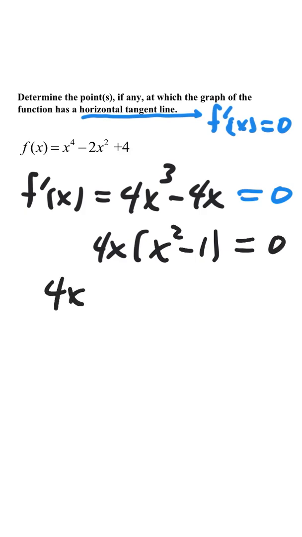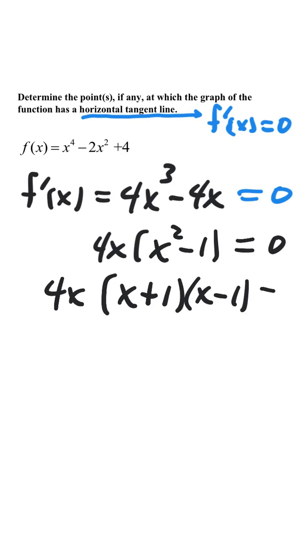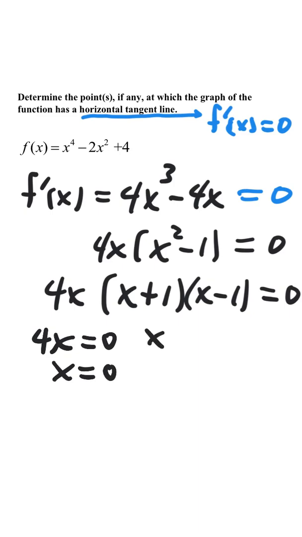X squared minus 1 is a difference of 2 squares, and so it'll factor as x plus 1, x minus 1. Setting each factor equal to 0, we're going to get values of x that are 0, negative 1, and positive 1.